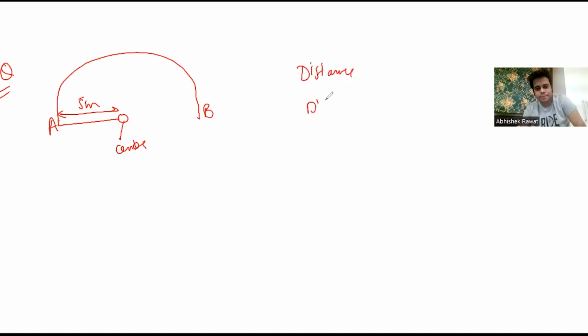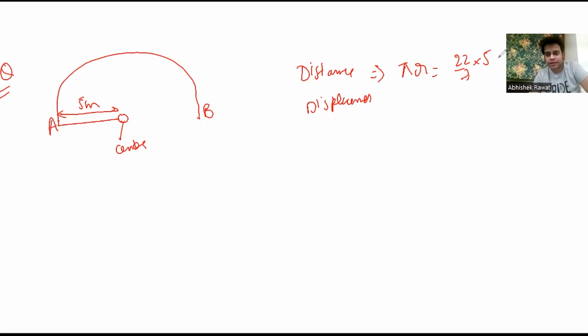Distance is the longer path AB, a semicircle, so the circumference gives the distance. The semicircle's length is pi into r, which is 22 by 7 into 5, because O is the center and OA is the radius.